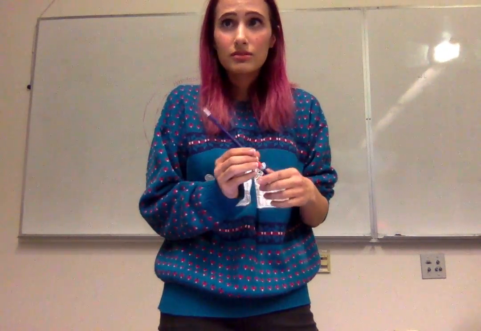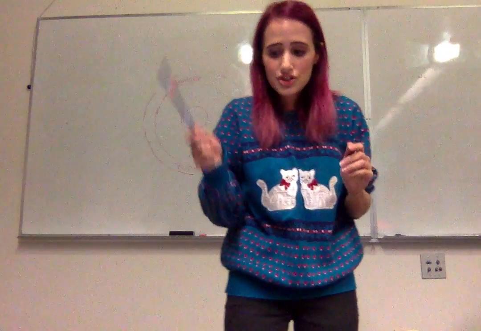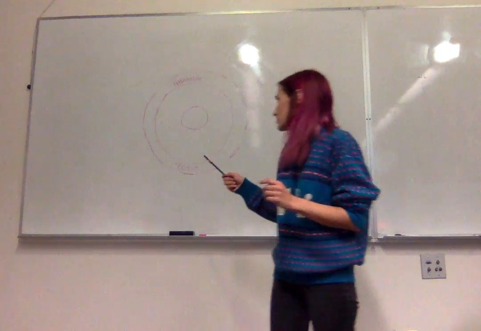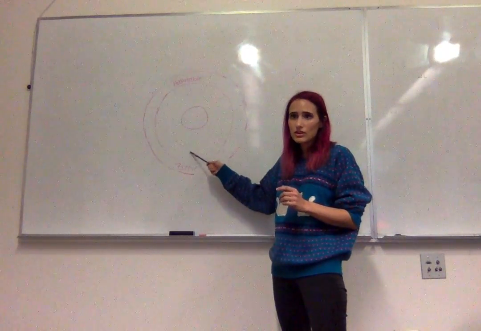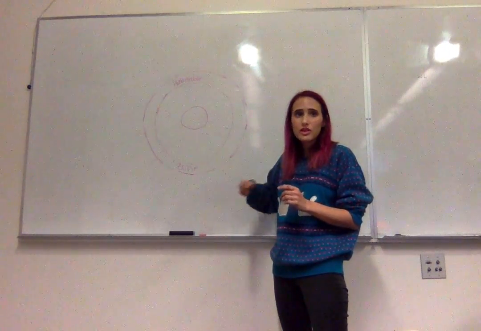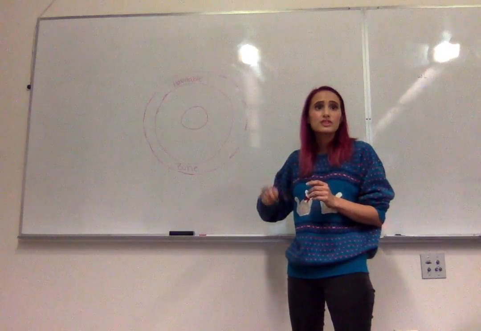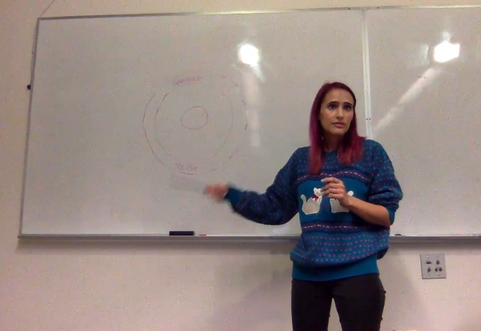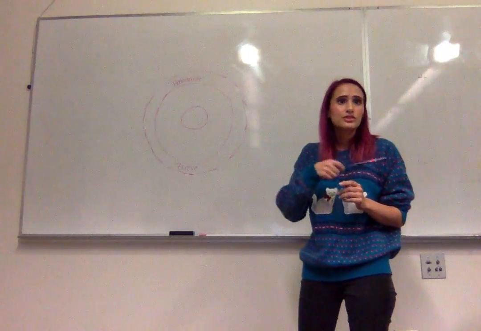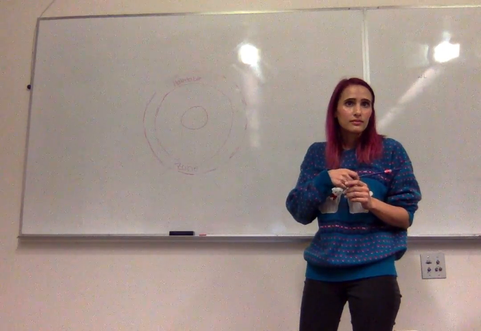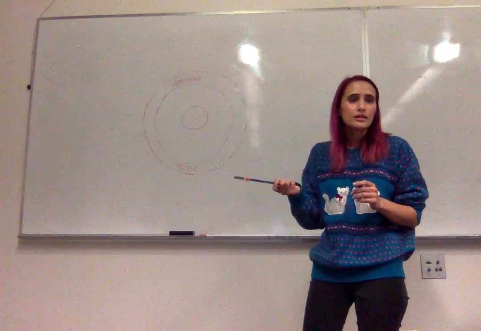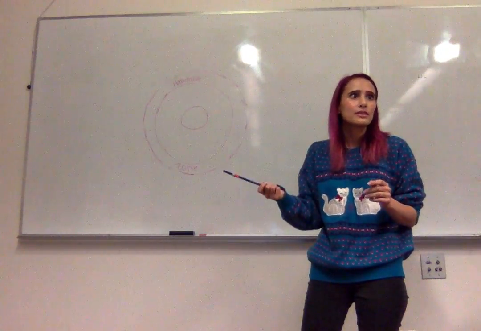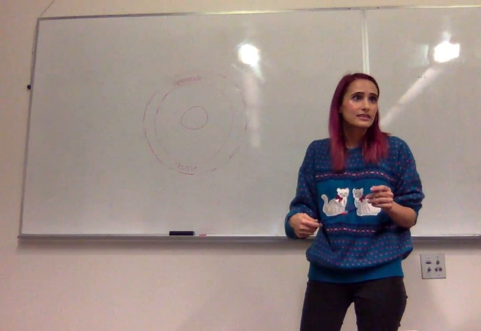So that's true. And it's true because I told you that it's easier to detect planets that are close in to the star. For a low mass star, the habitable zone is also close in. For a high mass star, the habitable zone is far away. So for a low mass star, it's easier to detect planets in the habitable zone because the habitable zone happens to be where it's easy for us to detect planets.